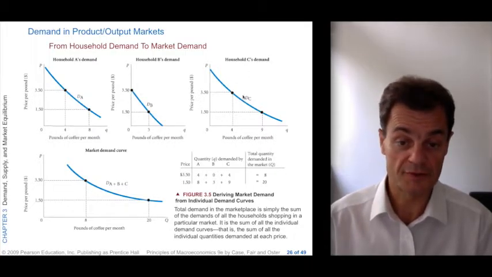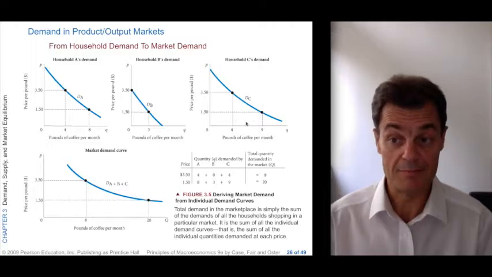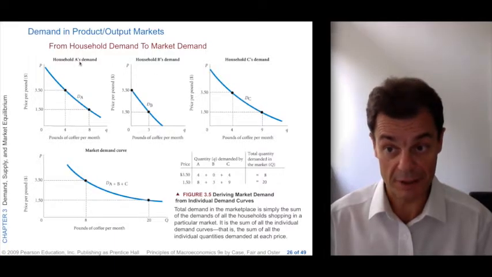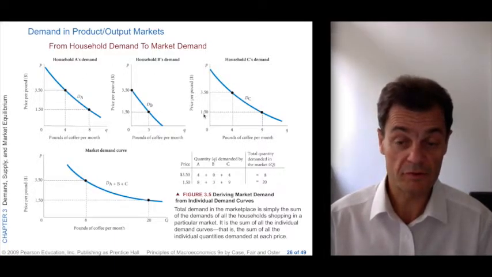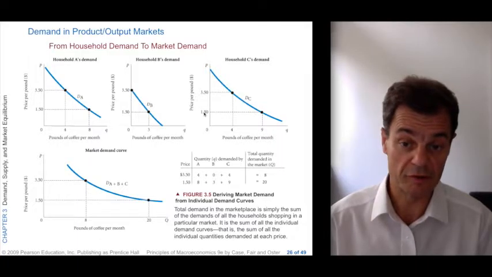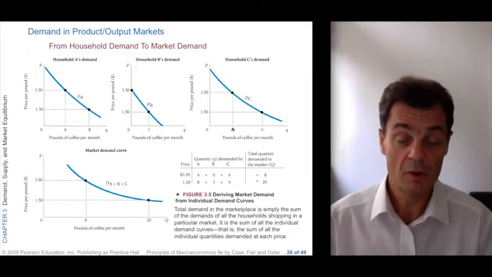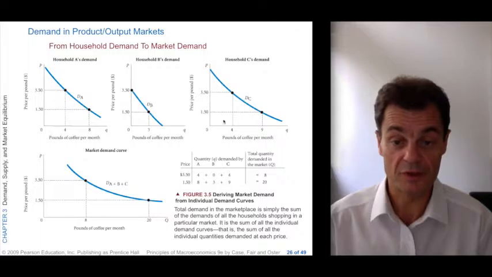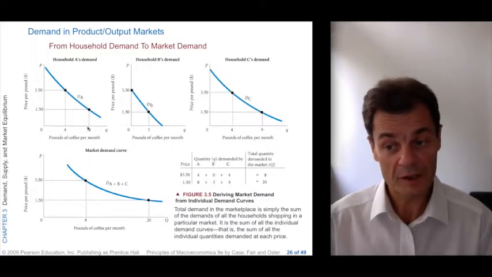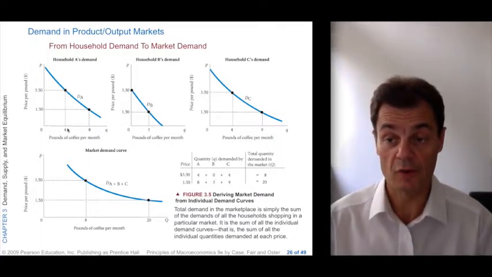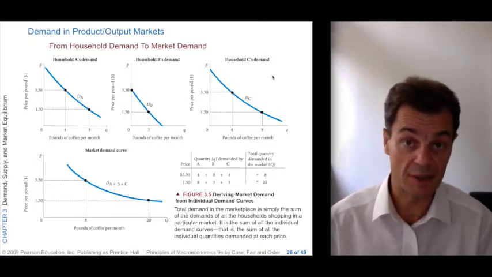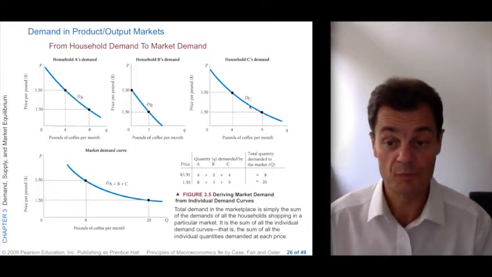And household C has actually more means than B and A. When the cost of a pound of coffee is $1.50, it consumes 9. When the price moves up to $3.50, it consumes 4, actually a bit the same as household A. So A and C have different consumption patterns.